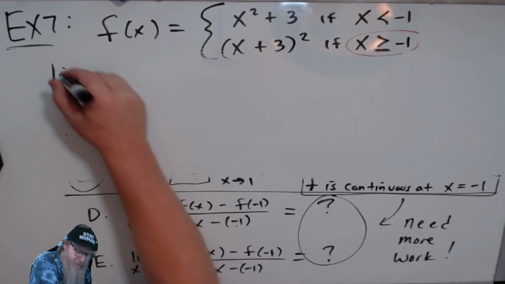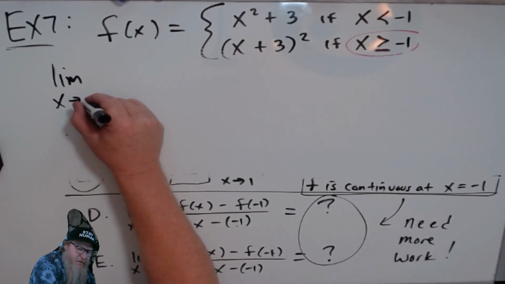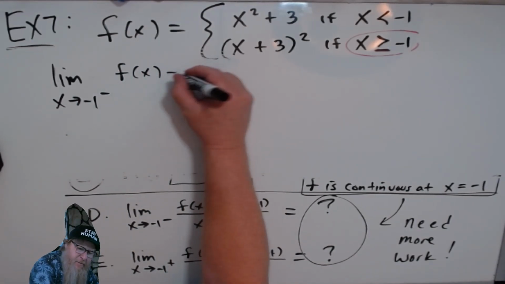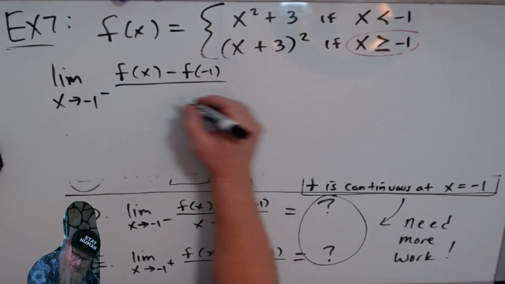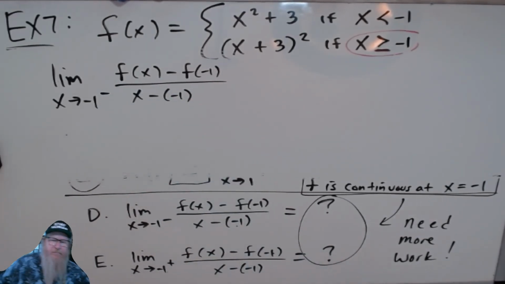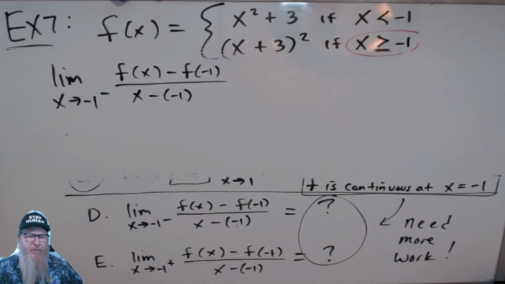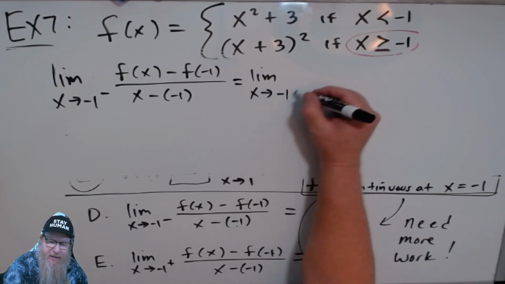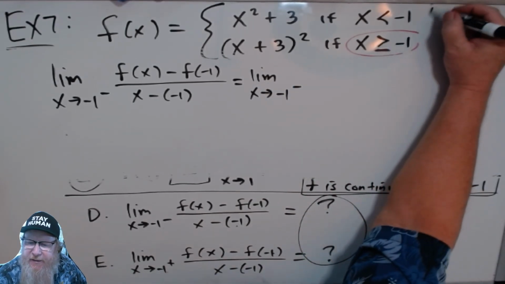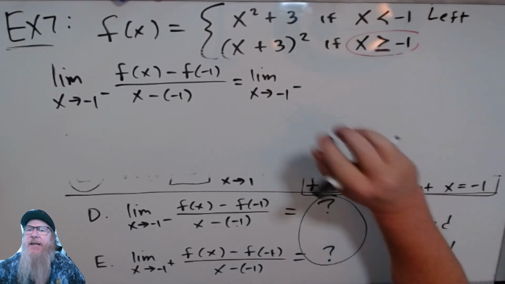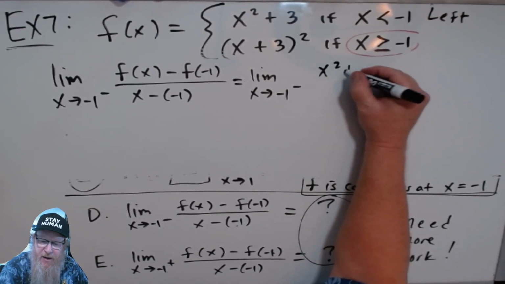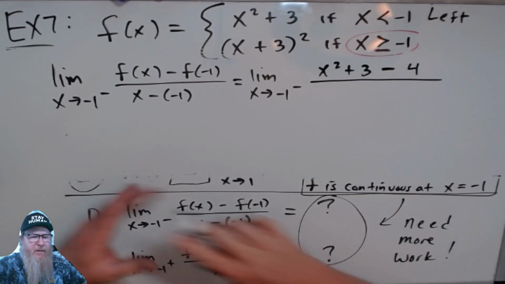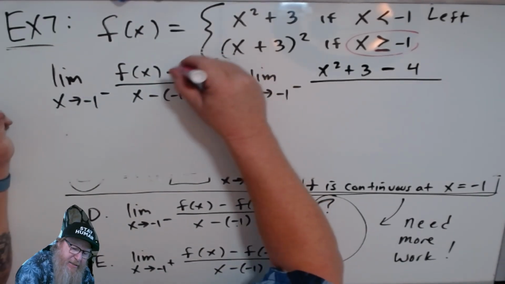Let's do the limit from the left. We'll do that one first. So what's that going to be? That's going to be the limit as x approaches -1 from the left. Now this is the left, right? x is less than negative 1. So it's going to be x squared plus 3 minus 4. Remember, we already did this.